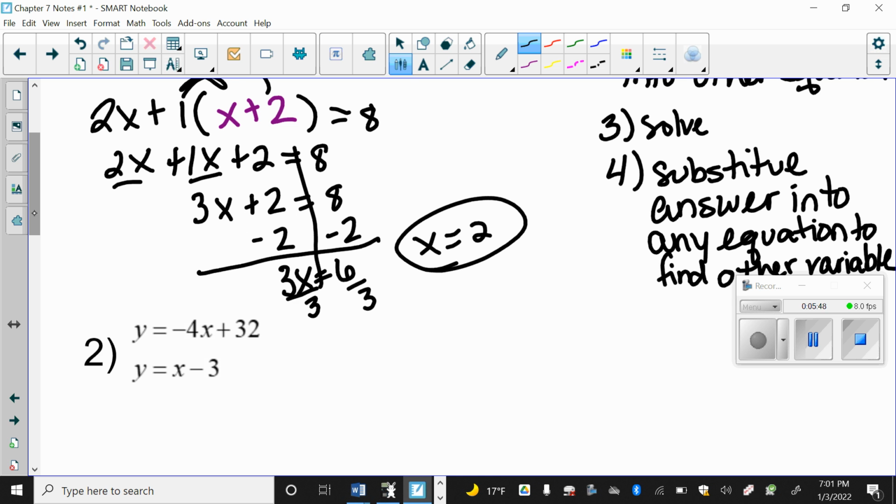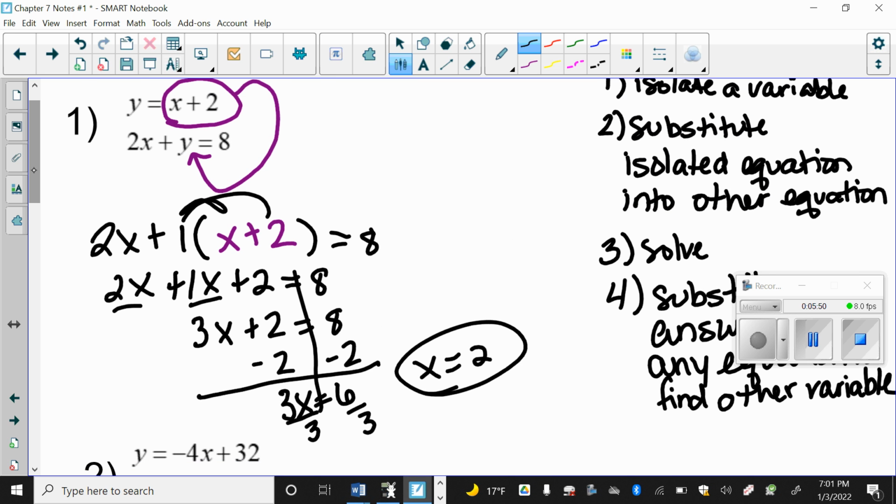So now that I know x equals 2, I'm going to substitute that into my top equation, y equals x plus 2, and I'm going to substitute that in for x because this is what x equals. x equals 2, so we take x out and we put in 2, so we get y equals 2 plus 2, which is 4.